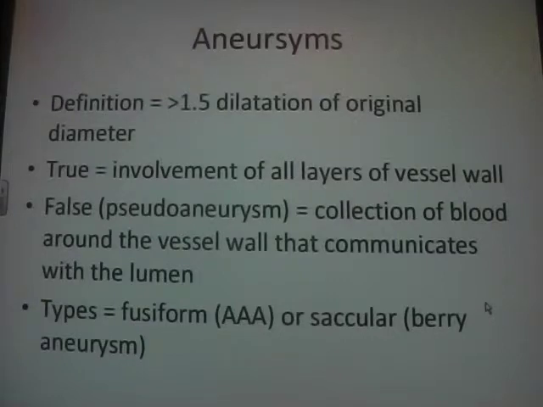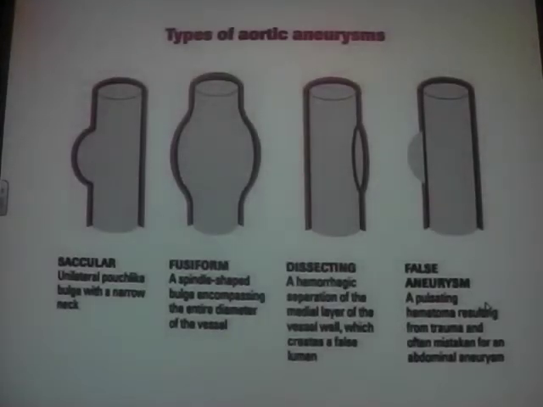They're relatively common. So this is the second aneurysm here, it's further along, but first of all, saccular, so that's your berry aneurysm. Then fusiform, that's your typical shape of an abdominal aortic aneurysm. And then dissecting, it's like a split, so a weakness in the vessel wall, and blood passes down one side.